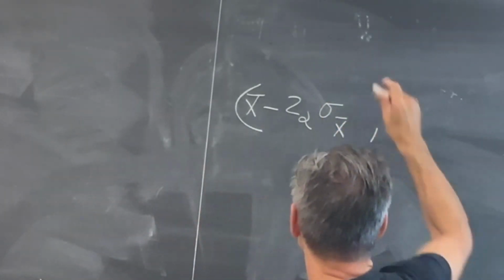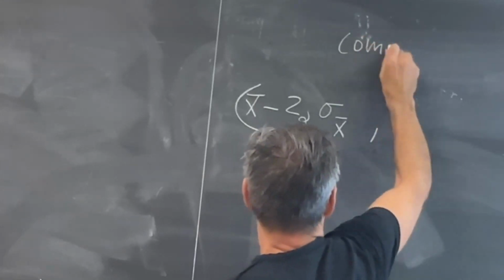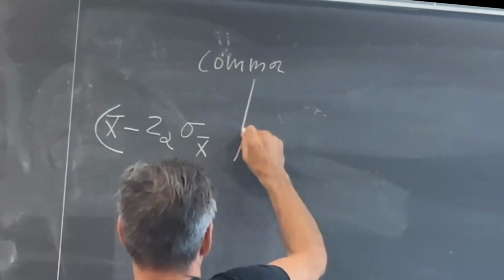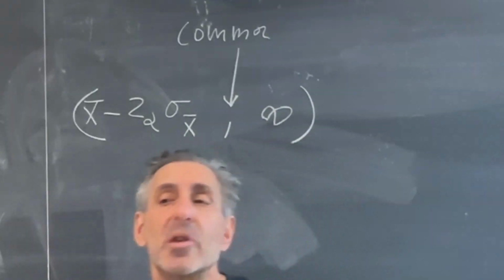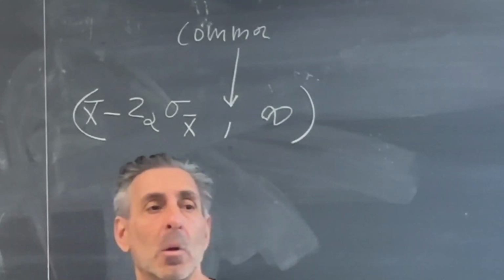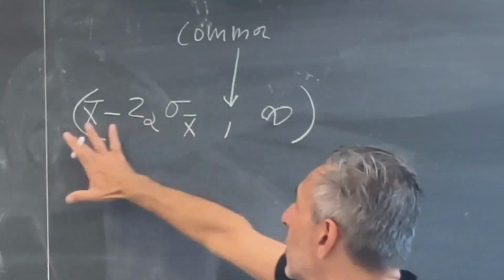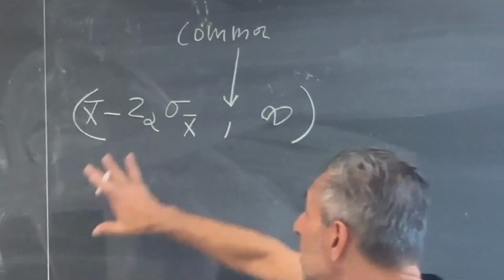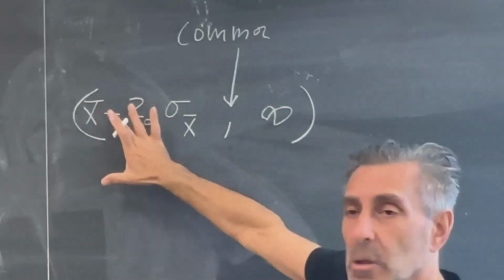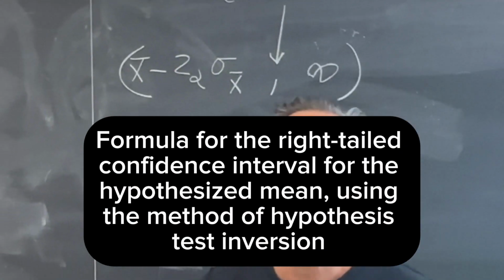And then a comma, and then the infinity symbol. And this is the college level way to represent this construct statistically. Now this is the answer. And this is the formula for the right-tailed confidence interval for the hypothesized mean.